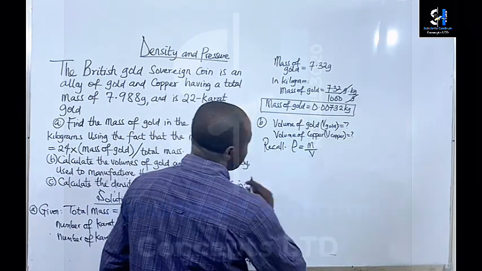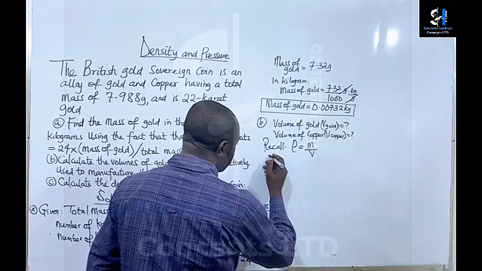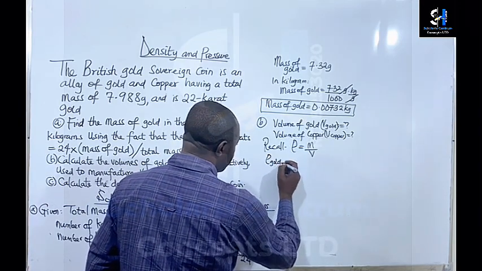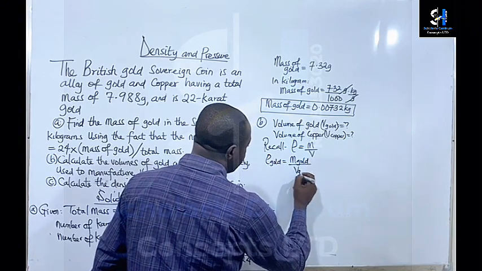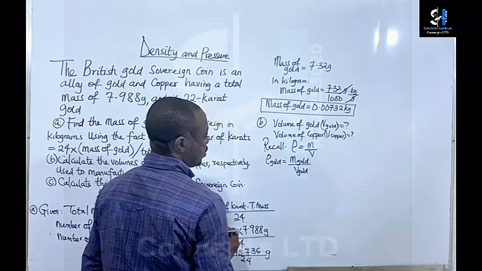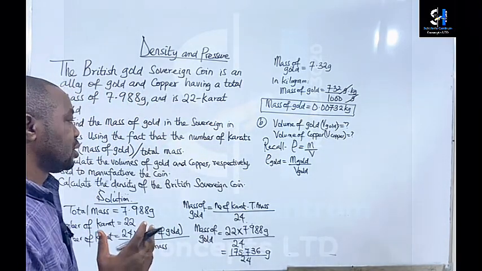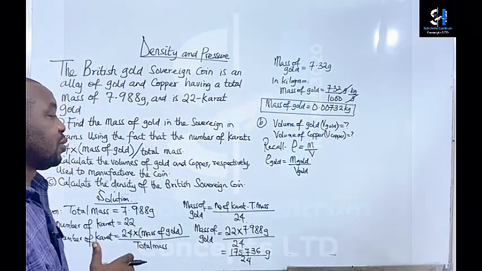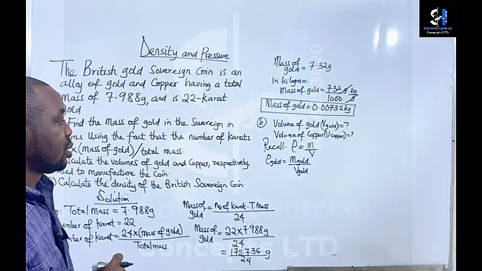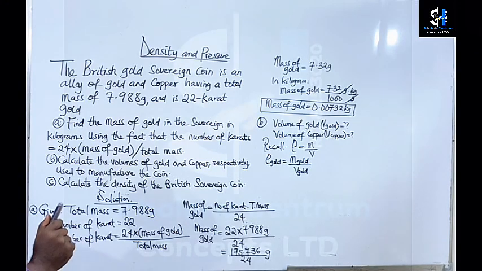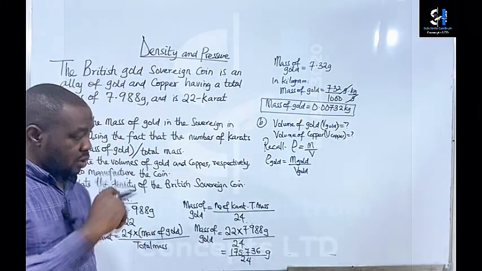So to be able to calculate the volume of gold, we can say from here that the density of gold equals the mass of gold over the volume of gold. So we need to plug in the values for the density of gold and the volume of gold.